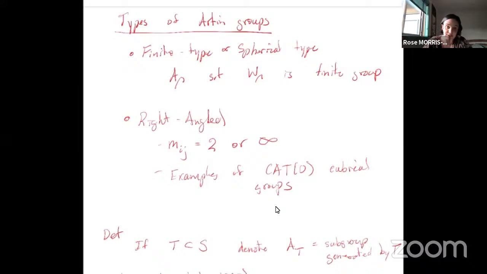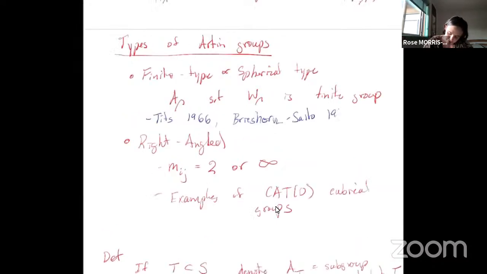If you want to know about finite type, Tits in his first 1966 paper spent a lot of time talking about finite type. There's also a nice paper by Brieskorn and Saito, 1972. Deligne in 1983.